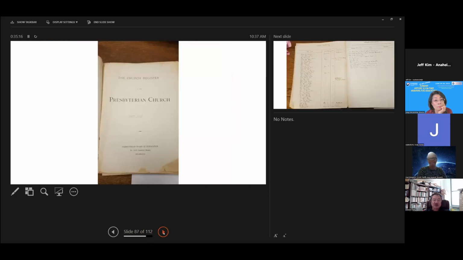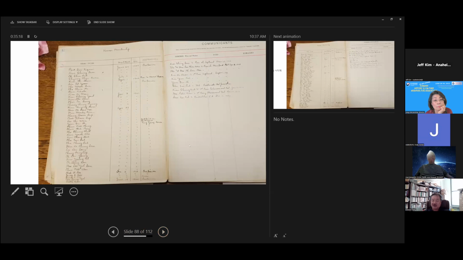But more importantly, I found this, which is a Korean membership list. It lists all the Korean members who joined the Korean Mission, when they joined, and when they left for another place. So this was a jackpot for me, historical documents.